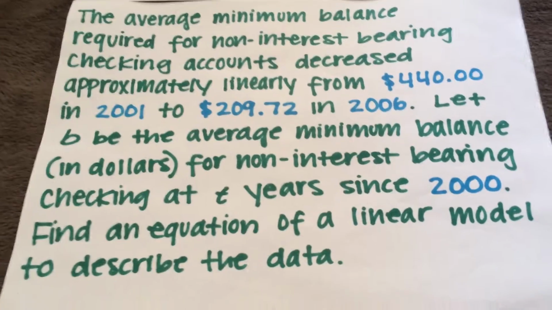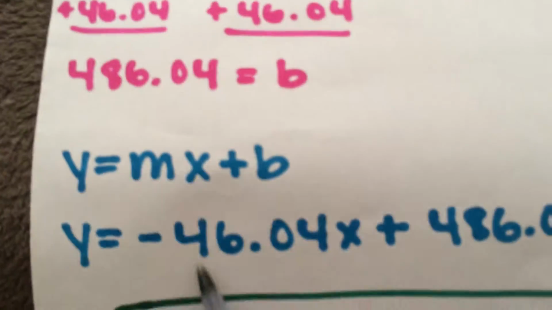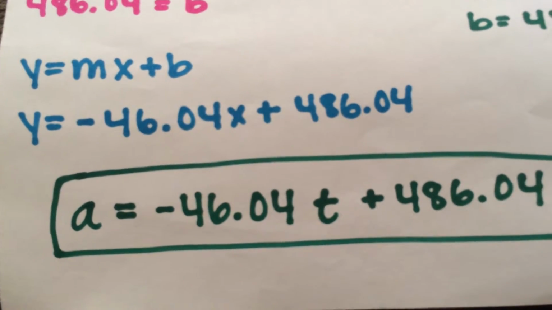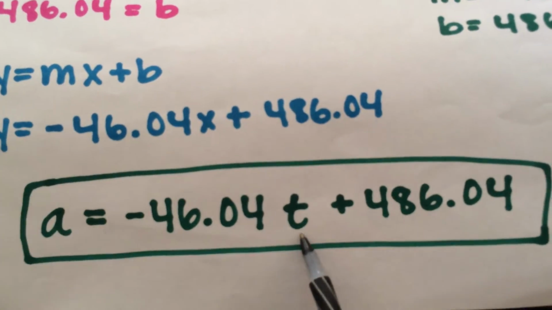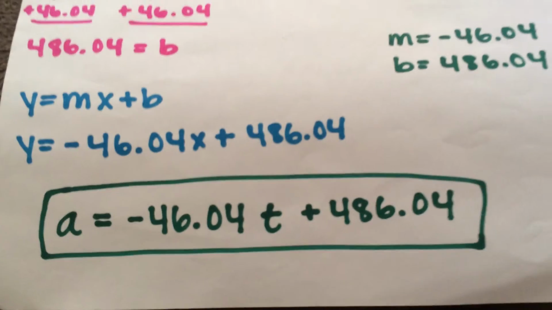But since this problem uses different variables, t and B, we can't use y or x. So it will be B equals negative 46.04t, that's the t years, plus 486.04. And that's the final answer.